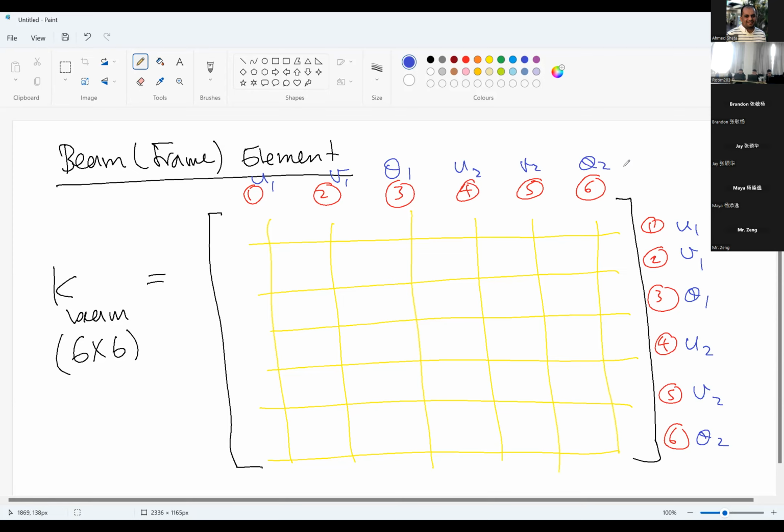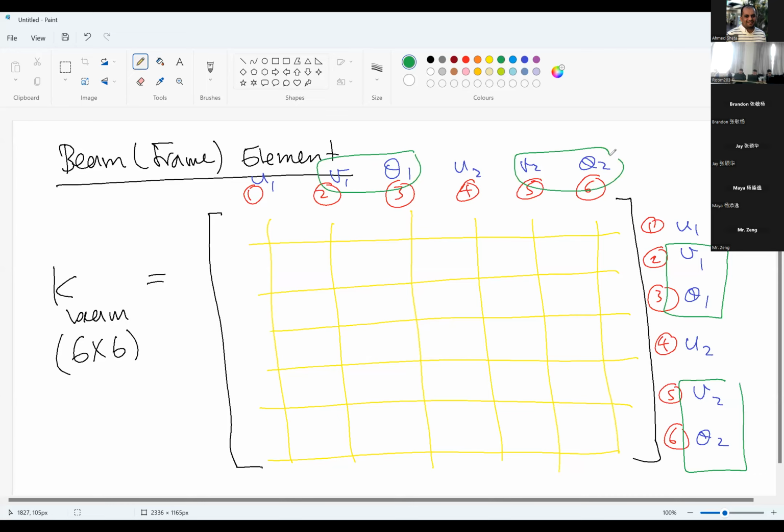Okay. What we have from the last step for a beam element without axial effect: V1, theta 1, V2, theta 2. So I will start with this element first.